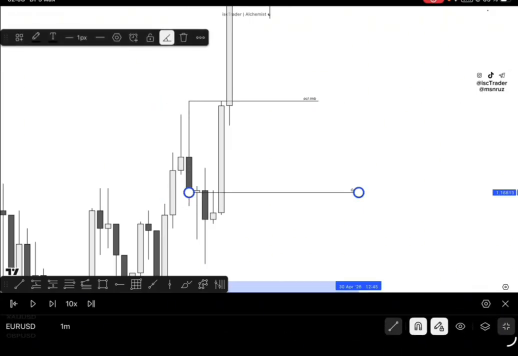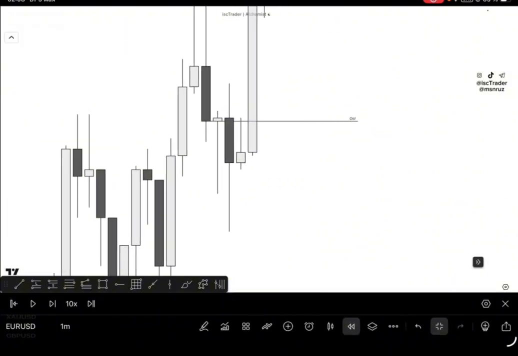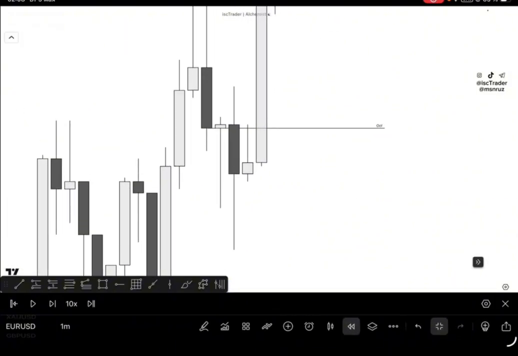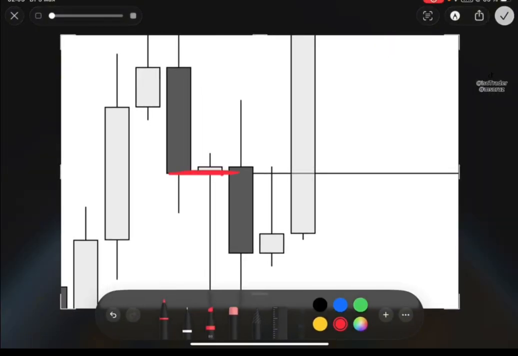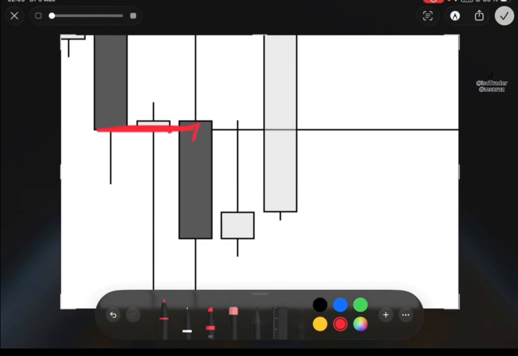This is the open candle level on the 5-minute. Open candle level. This is the open candle level, and a breakout is happening, and the next candle comes and reacts. Look. A reaction. It's giving a tiny reaction.